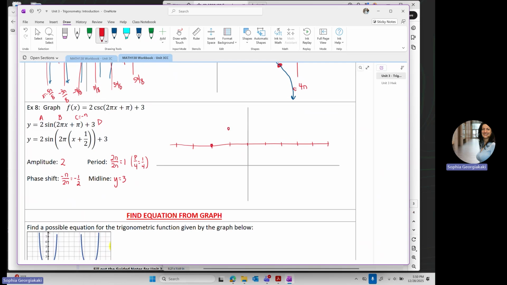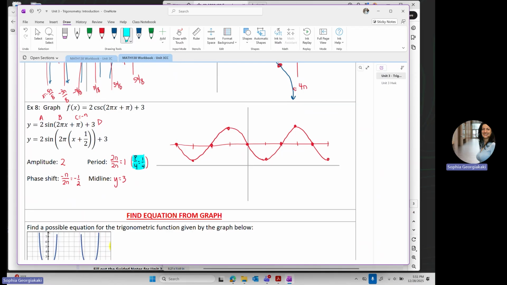It's going to go to the highest point, to the midline, to the lowest point, to the midline, to the highest point, to the lowest point. And it's going to do this movement from midline to high and to low every quarter of a period. So that will be a quarter.